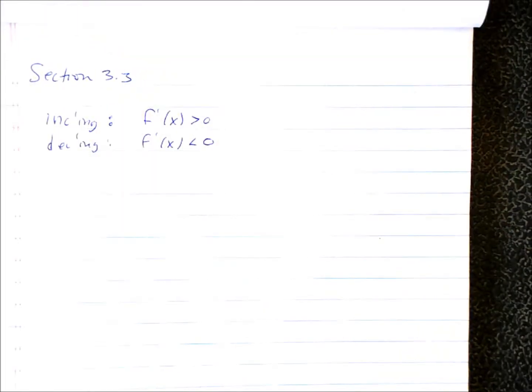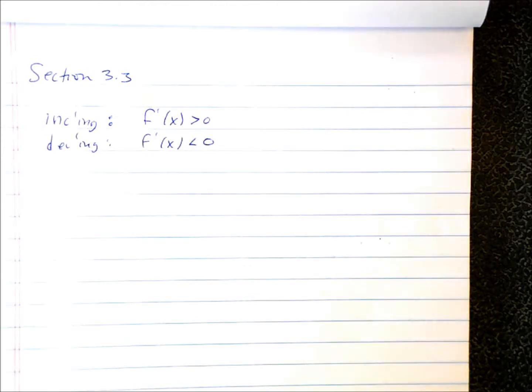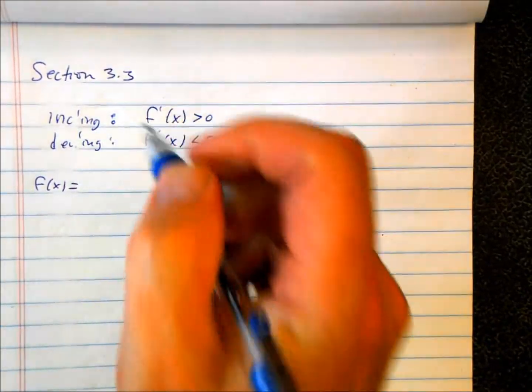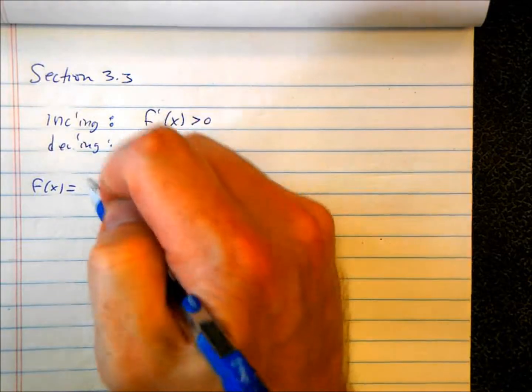All right, so typical homework problems are going to look like this. f of x is x cubed minus 6x squared plus 15.